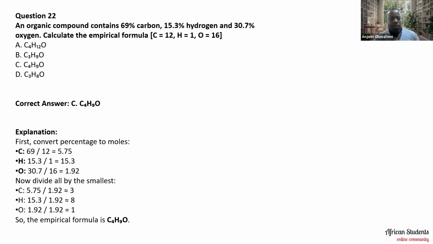I'm so sorry. So the option should be C3H8O actually, based on our calculation. It should be C3, carbon, H8, and then oxygen 1. C3H8O. That's oxygen. So that's the option. That's D, please. Pardon me. D, not C. Thank you.